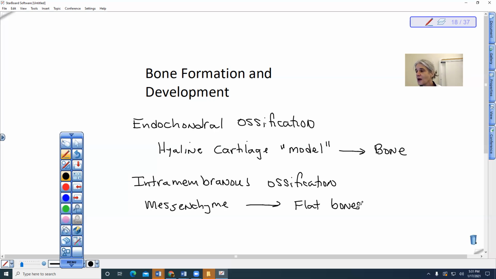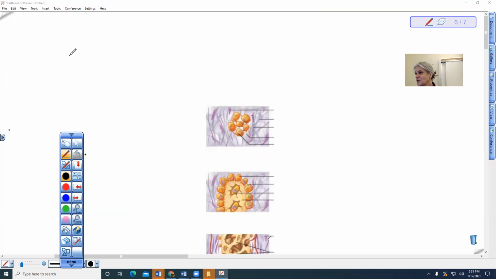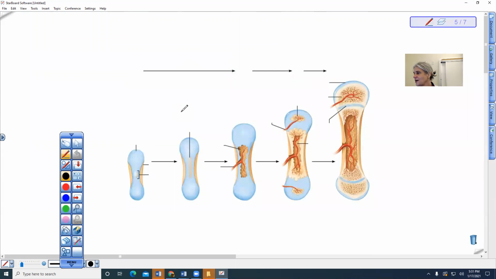Okay. So let's look at this process of endochondral ossification. If we look at a diagram, this is intramembranous, so we'll go back to the endochondral ossification right here. When we look at this, it starts out blue, right? That is hyaline cartilage. Where it is yellow, that is bone.